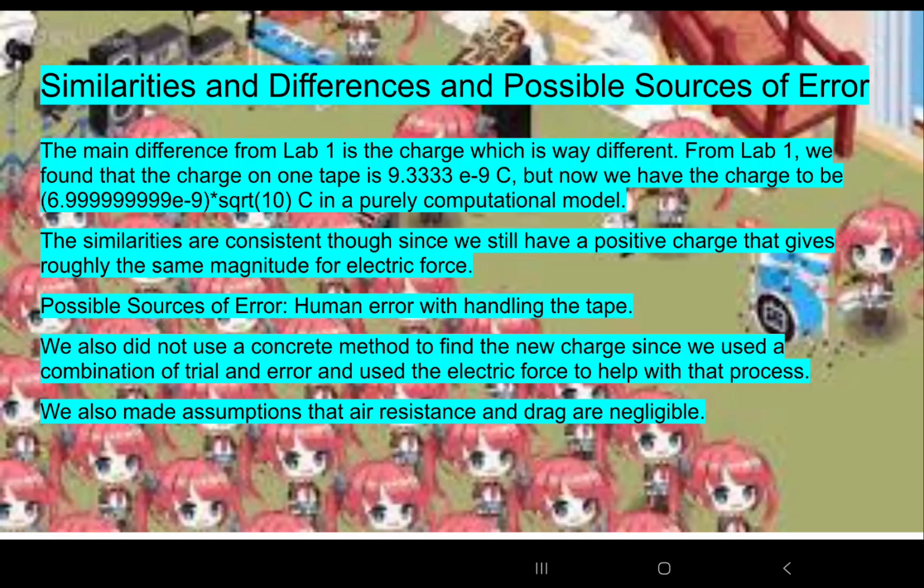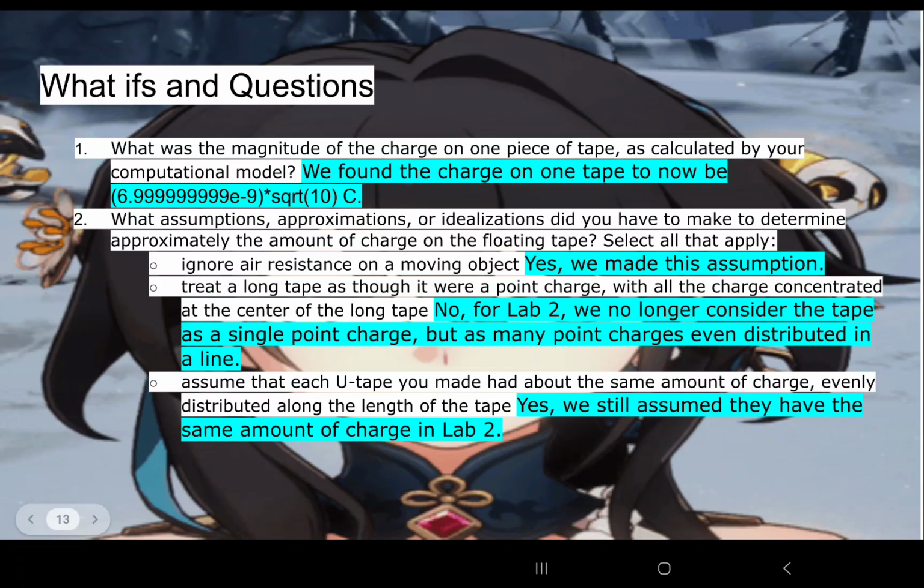The possible sources of error include human error with handling the tapes, and not having a concrete method to find a new charge, since we really just used the electric force equation in combination with trial and error to find that new charge. We also assume air resistance and drag are negligible.